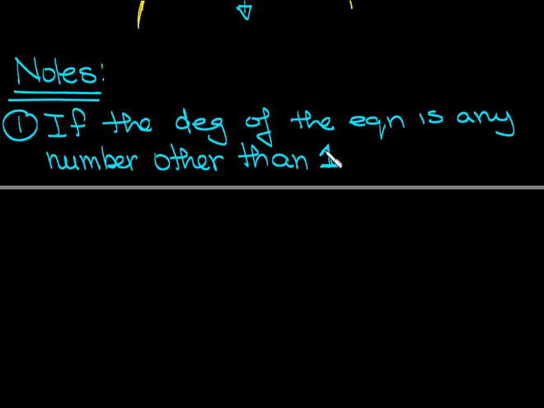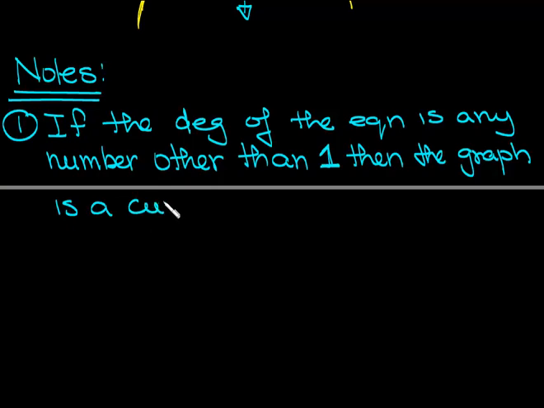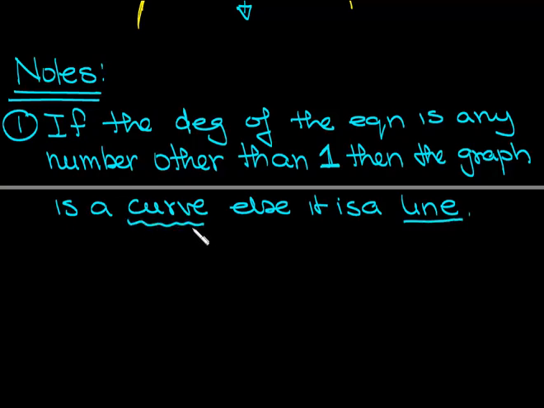Linear, correct? When the degree is 1, then the graph is a line. So if the degree of the equation is 1, then the graph will be a line. That's the only time you get a line, or else you'll get a curve like we just did.